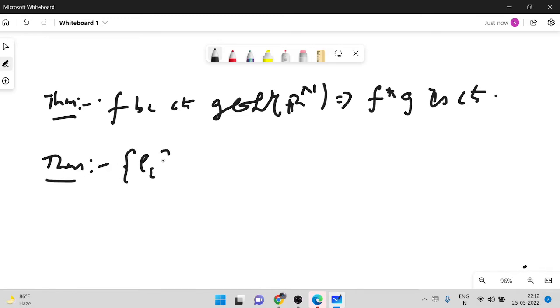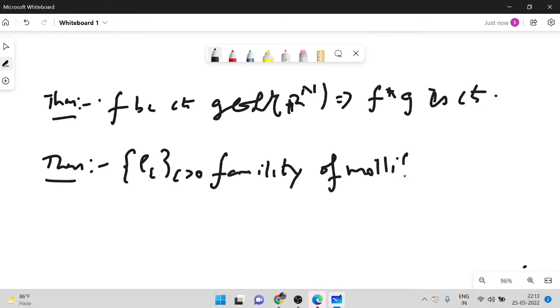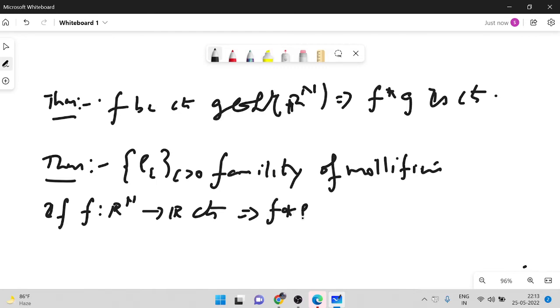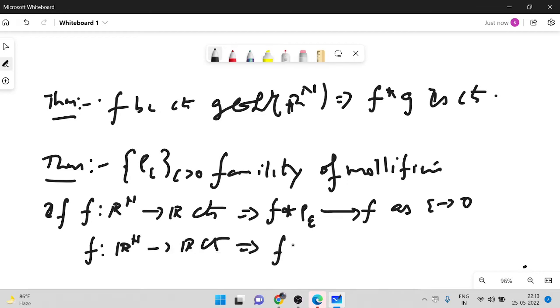Now this is the most important theorem. Say we have a family of mollifiers, epsilon greater than 0. If f is a function from Rn to R which is continuous, this implies the convolution of f with the mollifier function converges uniformly to f as epsilon goes to 0, and if f is continuous on a compact support, this implies f star rho epsilon uniformly converges to f as epsilon tends to 0.